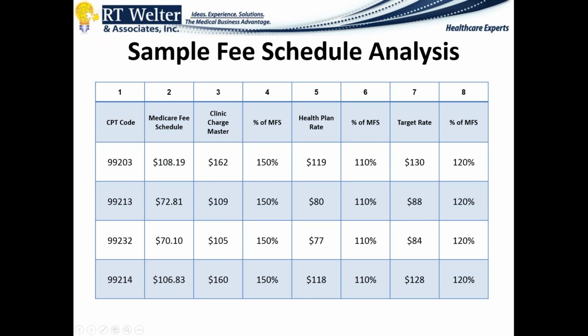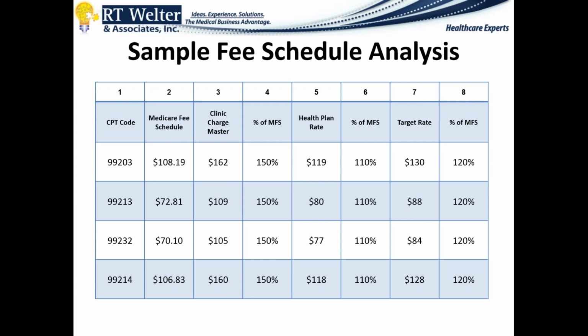99213, also a very common service that you guys provide. If we looked at Medicare fee schedule, they will reimburse $72.81. So using that same principle, if we were to ask for 150% of Medicare, that would mean we would want to bill out from our fee schedule $109.